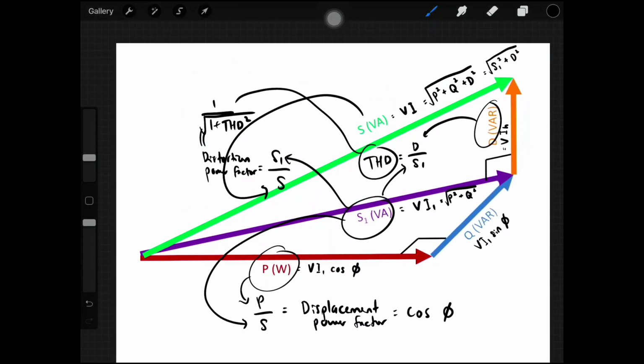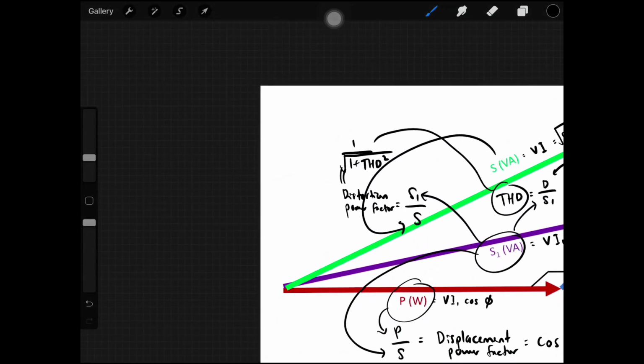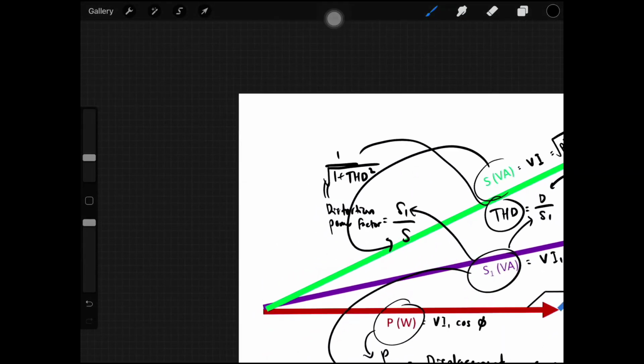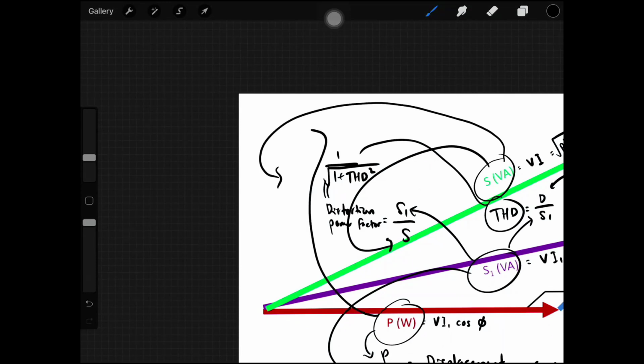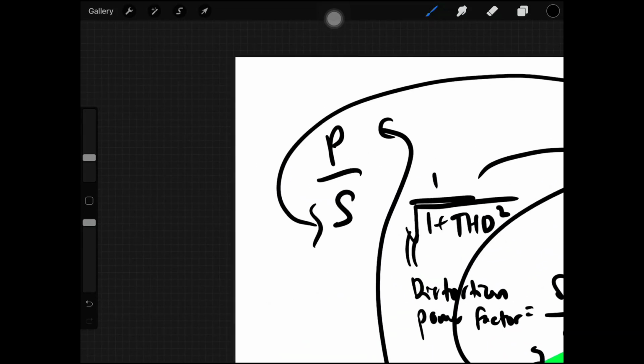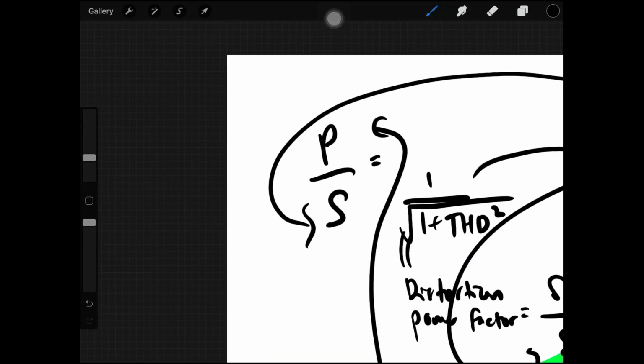What else? What did I miss? Finally, the one that we have been learning all this time, which is P over S. This is the new true power factor.